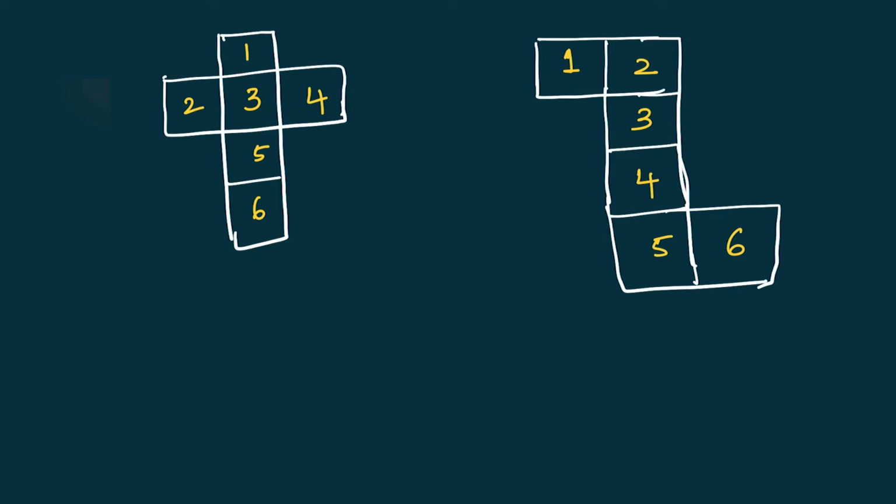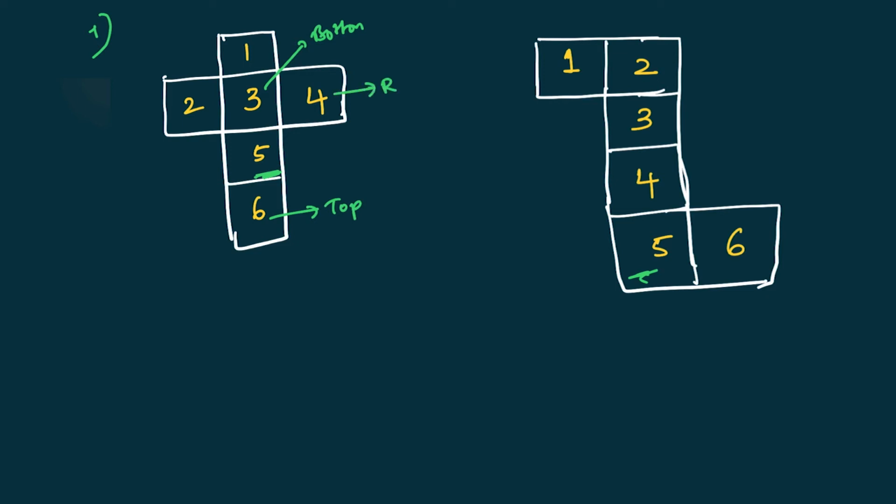So this is a given question. You have to just deconstruct the cube and find the opposite number of 5. In the first figure, it is just like the dice which we have deconstructed. By seeing this you can tell this is the bottom and this will be the top.